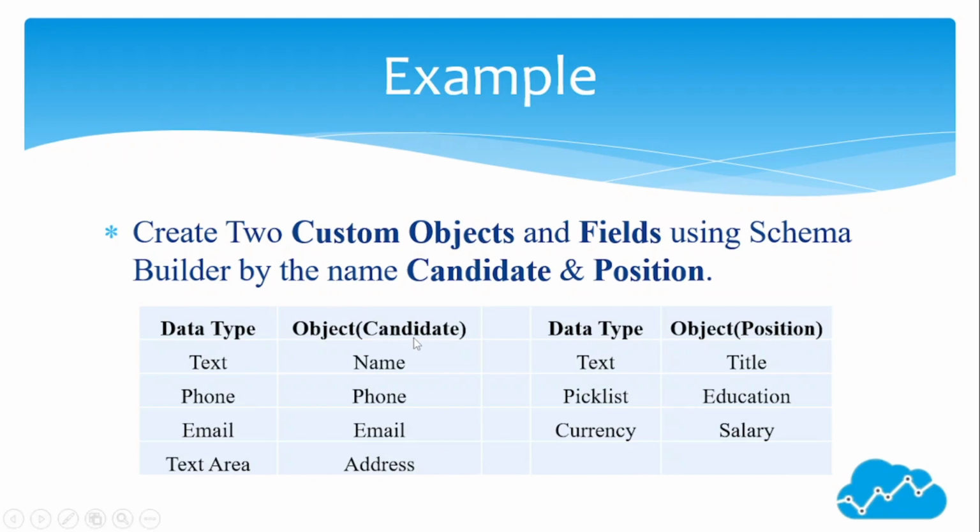For the object Candidate, the data types will be: Name, text; Phone, phone data type; Email, email data type; Address, text area data type. And for the second object, Position: Title, text data type; Education, picklist data type; Salary, currency data type.